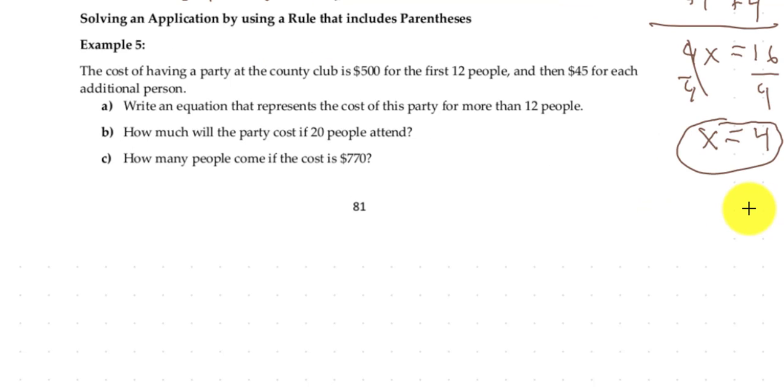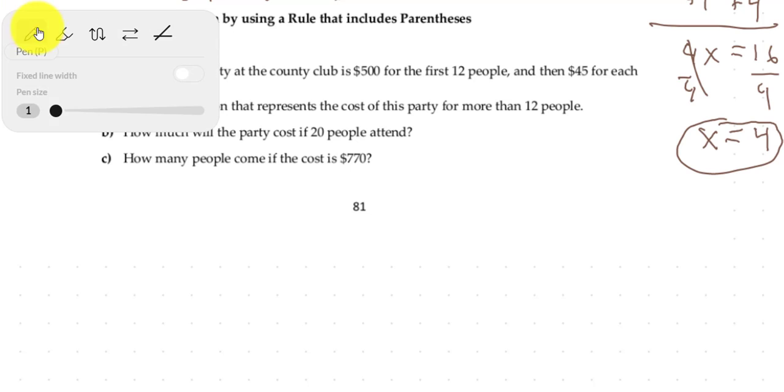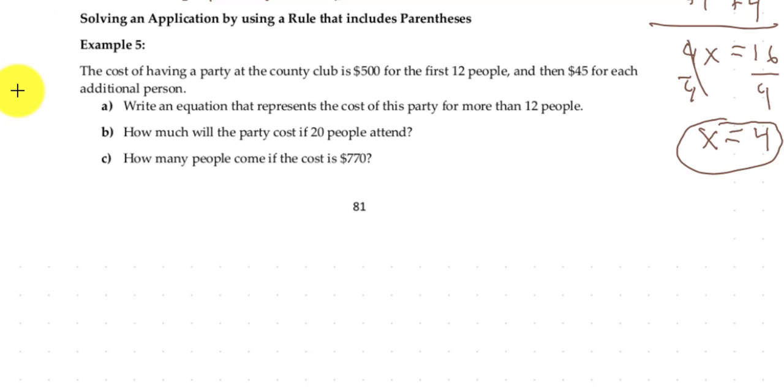This is a really tricky problem because if you think about it, let's say that y equals cost and x is number of people. Let's write PPL. But it's really number of people over 12, right? Because the first 12 are included.